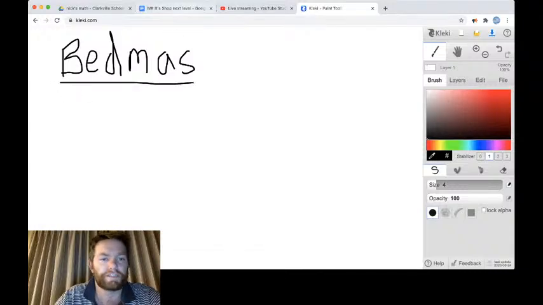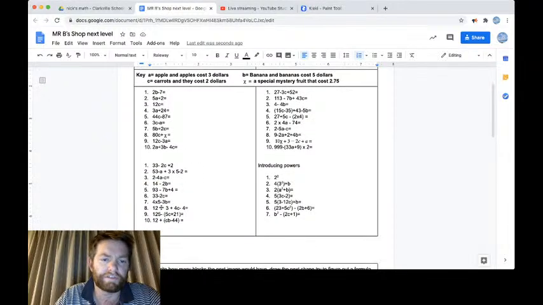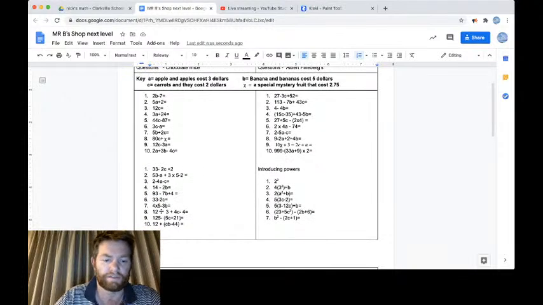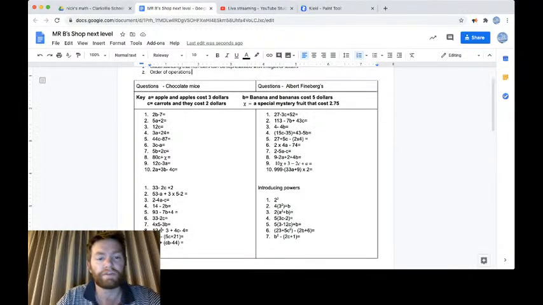Now, for you guys today, most of it's around the order. If you're in the chocolate mice, it's all about the order of just multiplication, division, addition, and subtraction. And right at the end, you get a couple of tricky ones with brackets. But we're keeping everything the same.